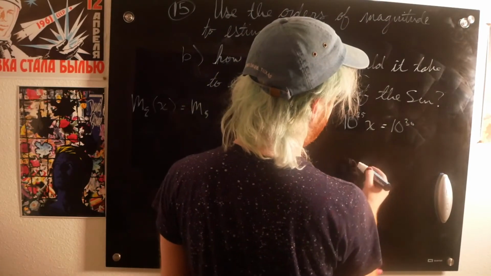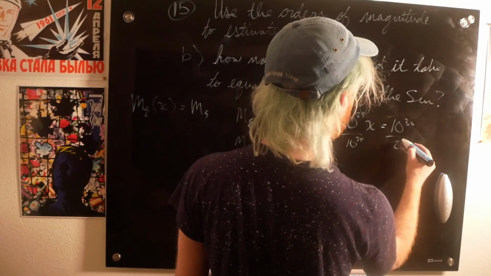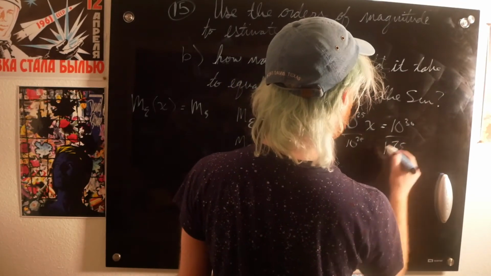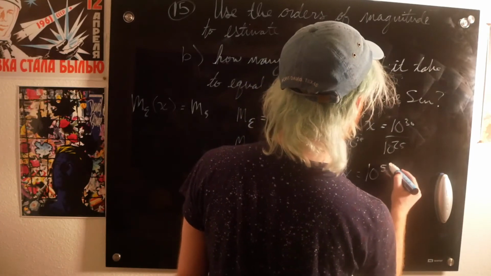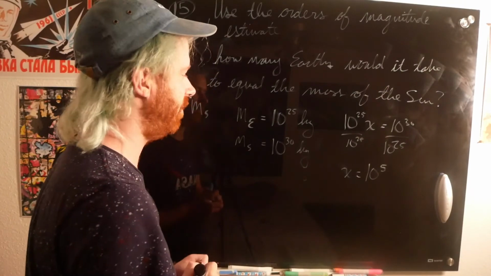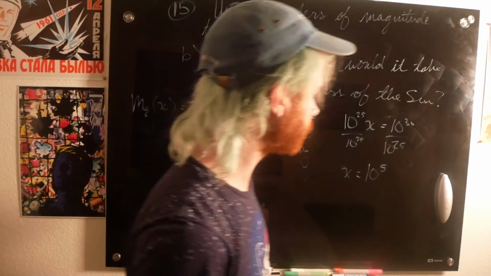So you divide both sides by 10 to the 25th, and you get x equals 10 to the 5. It would take 10 to the power of 5 Earths in order to make the mass equivalent to the Sun.